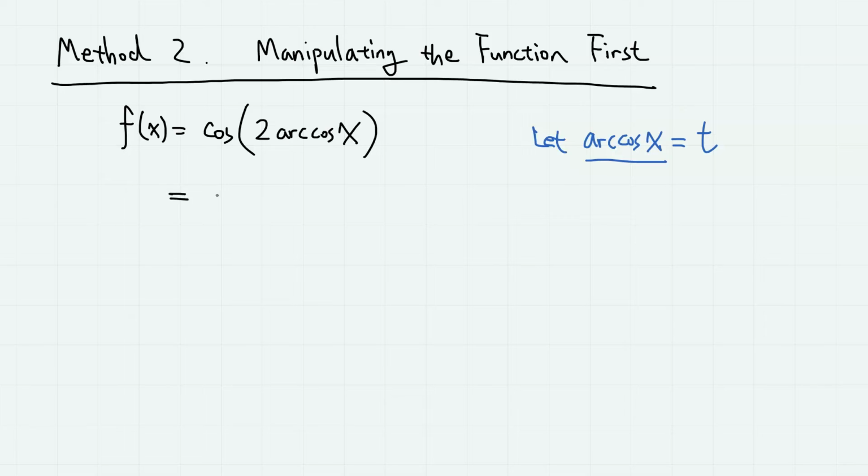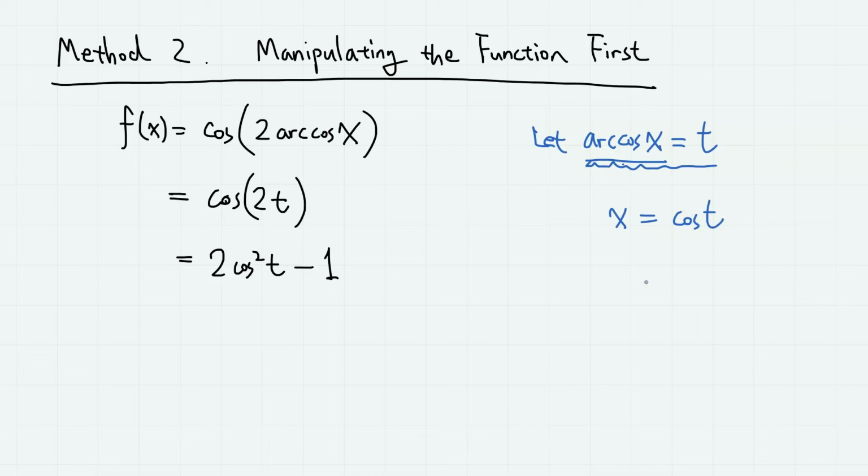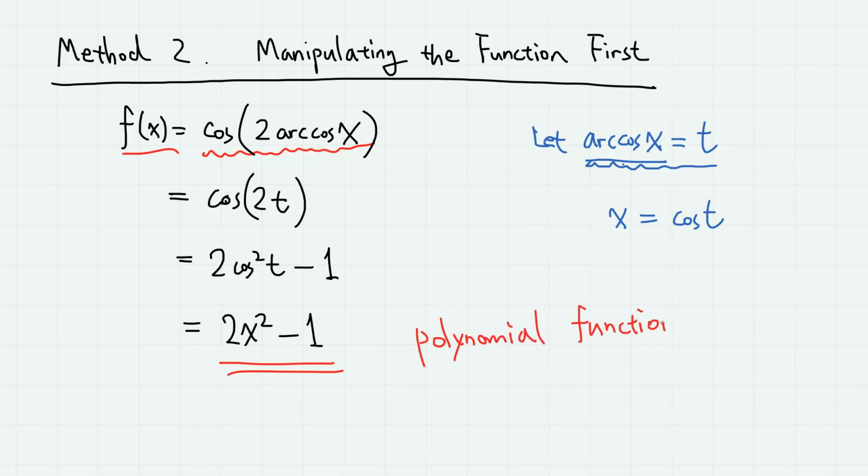Then this function becomes cosine 2t, which is 2 cosine squared t minus 1. But because arccosine x equals t, x equals cosine t. So we have 2x squared minus 1. Therefore, f(x), defined like this, is actually a polynomial function. And we can solve problems A and B using this expression instead.